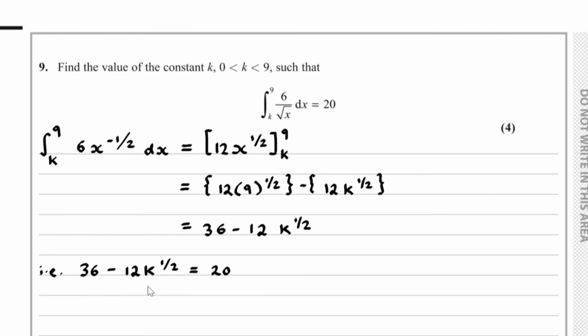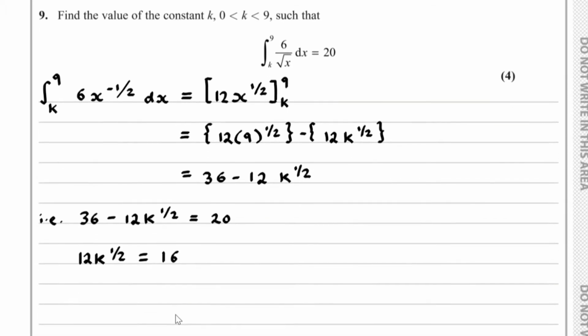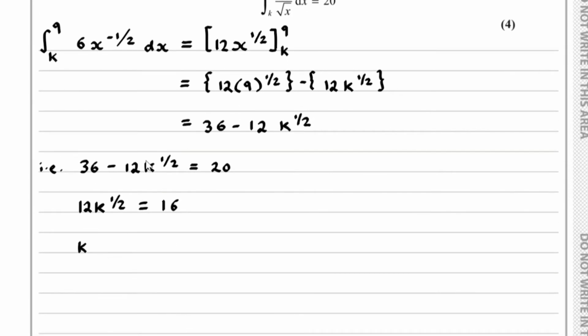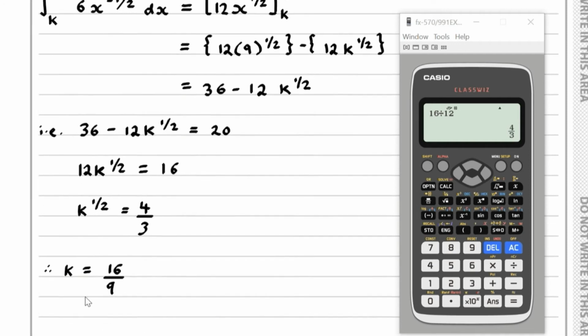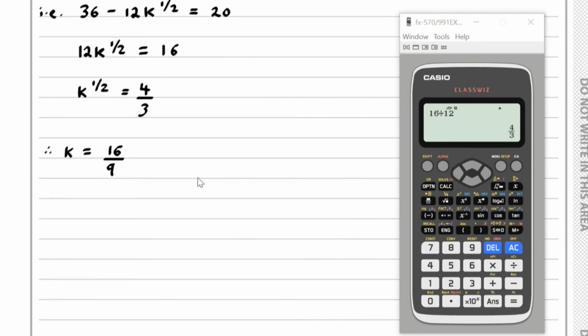So if we rearrange, we've got 12k to the power of 1/2 equals 16. k to the power of 1/2 is equal to 16 divided by 12, which is 4/3. And if we square both sides, k then is equal to 16/9. So we have k equals 16/9.